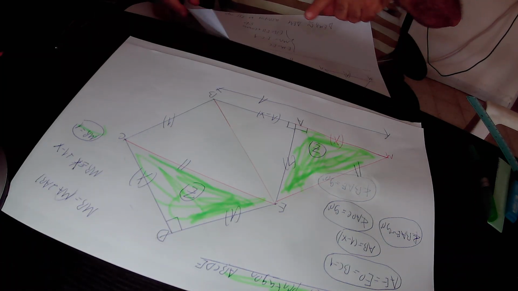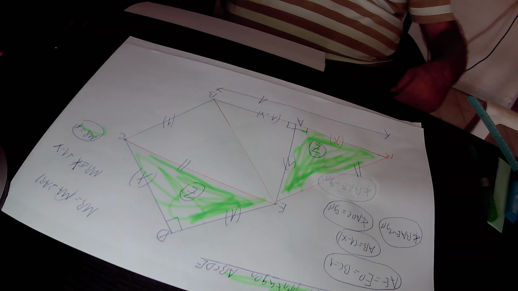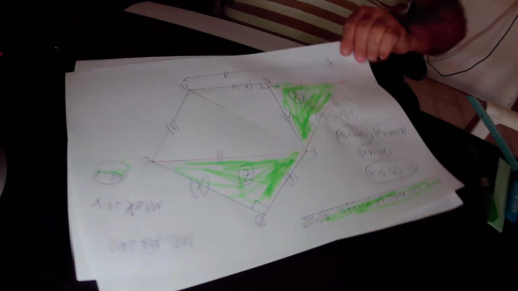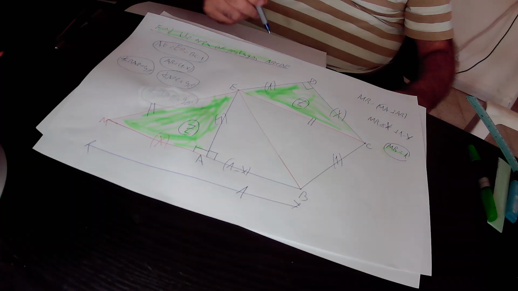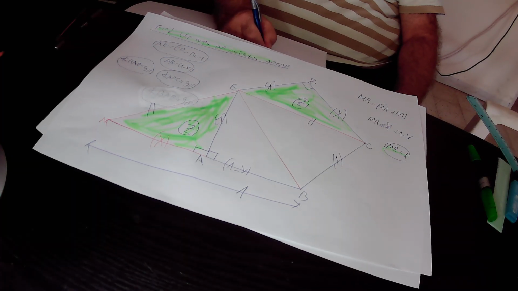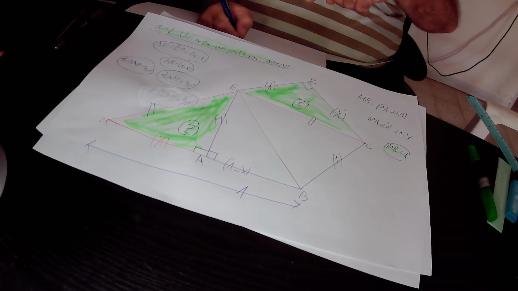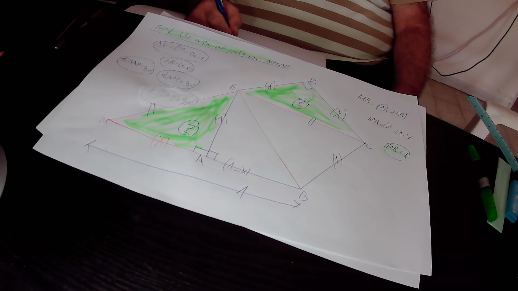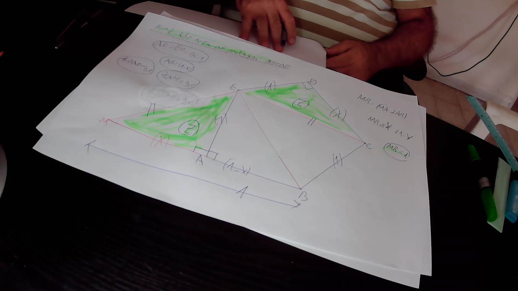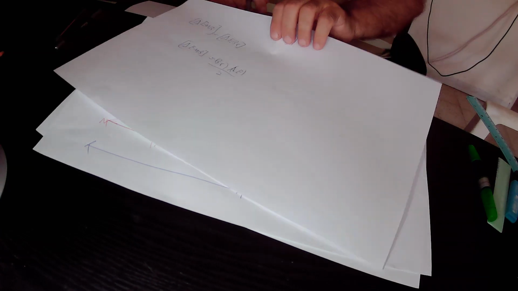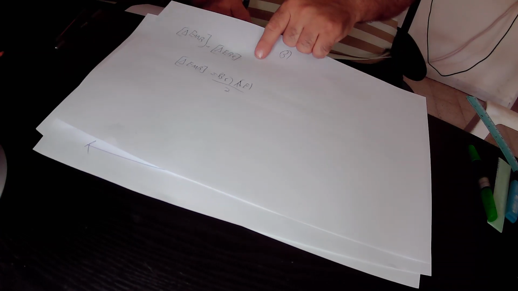But what is the area of EMB? The area of EMB is equal to the base BC times the height AE over 2. And again, the area of EMB equals the base times the height AE over 2.